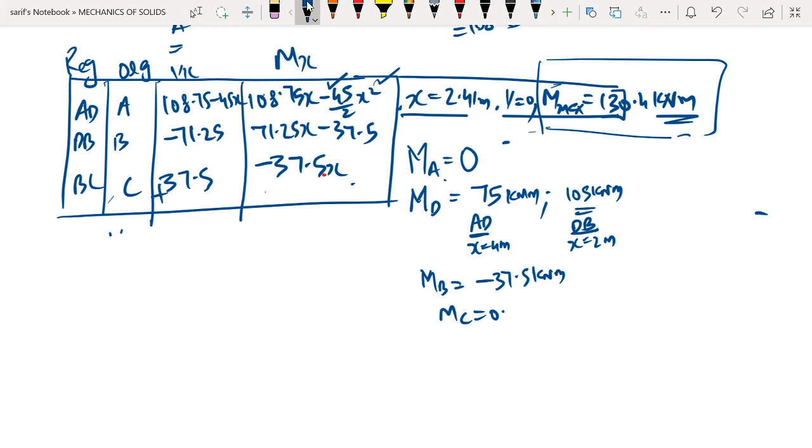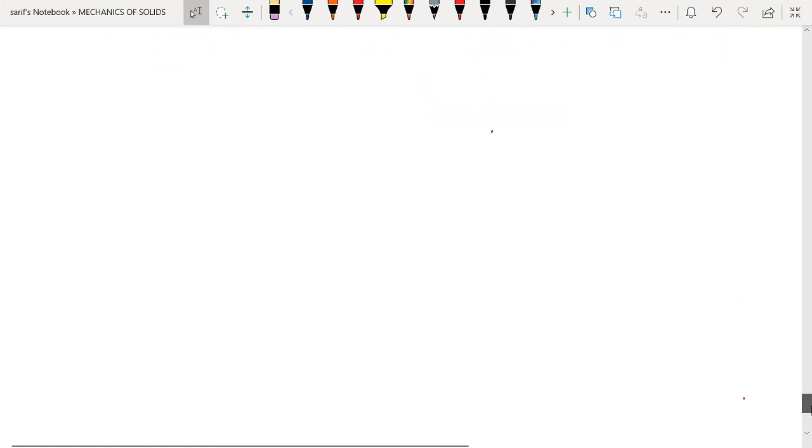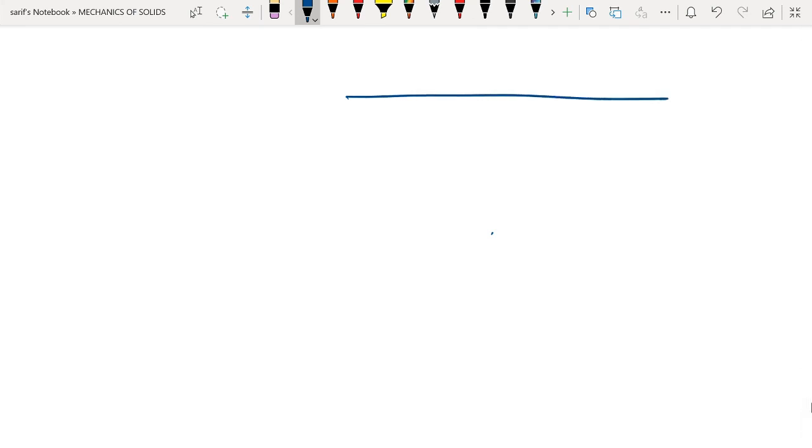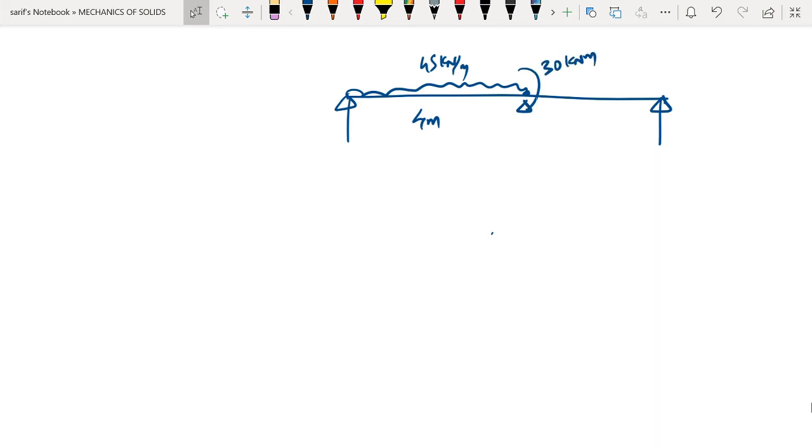Now, with these values and the values of the shear force, we can go for the tabulation. This is the diagram that we have: 45 kilonewton per meter, and this is 4 meter. At the point D, we have a 30 kilonewton meter.